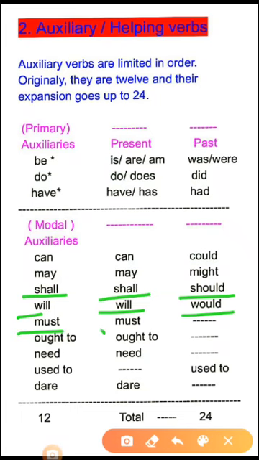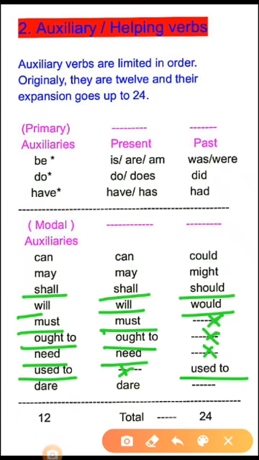Must: present form must and there is no past form of must. Ought to: present form ought to and there is no past form of ought to. Need: present form need and there is no past form of need. Used to: there is no present form of used to, but it has a past form, used to.